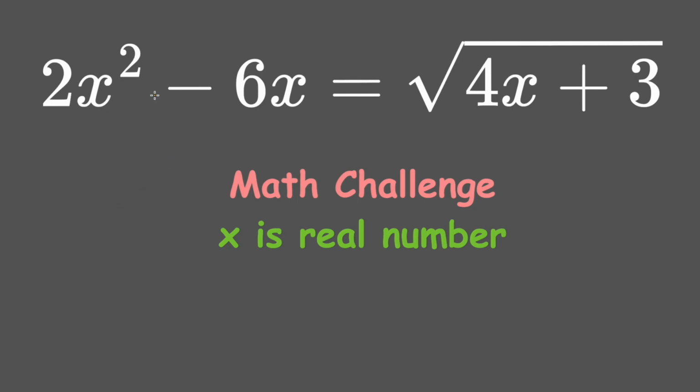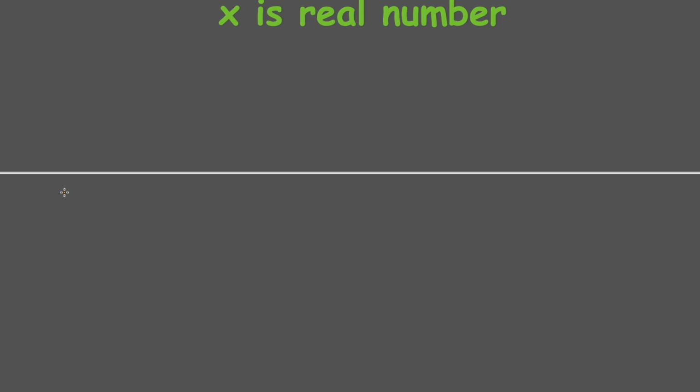First of all, we have to rewrite the equation. We have 2x squared minus 6x equal to the square root of 4x plus 3. Whenever we solve a radical equation, we have to put the condition of x first.